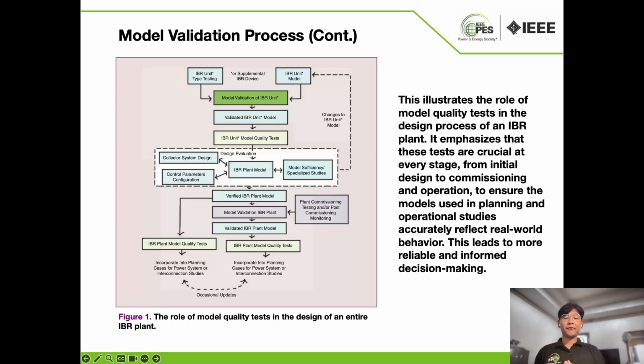This verified model can subsequently run through the numerical robustness model quality test and be incorporated into the planning study. Once the plant is built, during commissioning, the IBR plant can be validated using measurement data. Subsequently, another round of the model quality test may be run before the use of the IBR model in the interconnection-based cases.